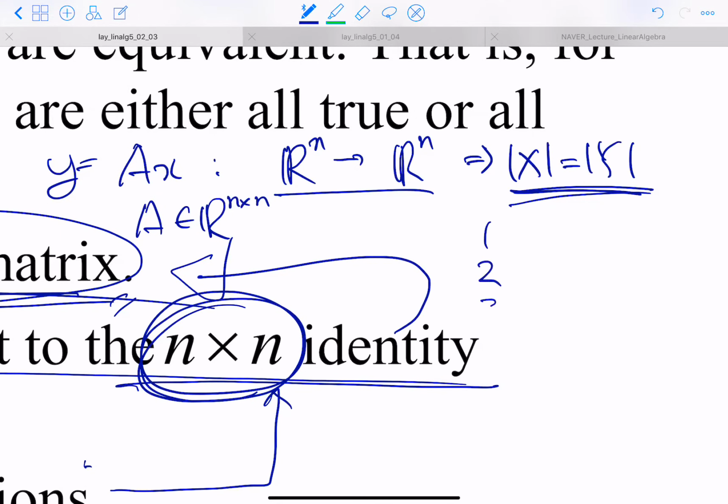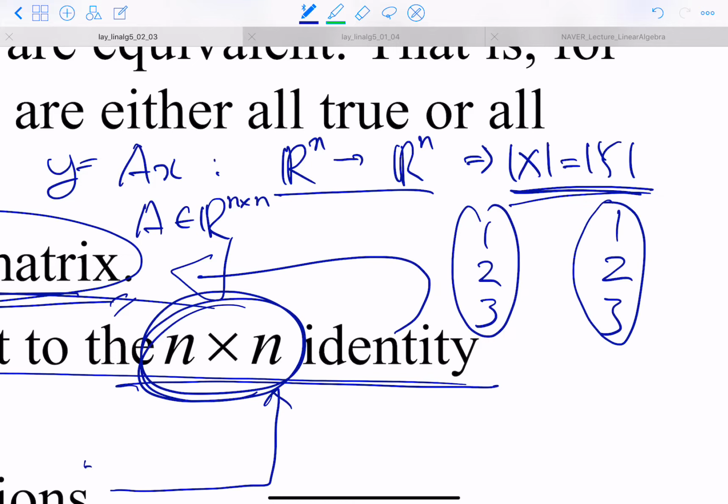So 1, 2, 3, 1, 2, 3. In this case, let's make it satisfy 1-to-1, for example. Maybe this one, or maybe this one. And we can think of several different cases of satisfying 1-to-1, right?